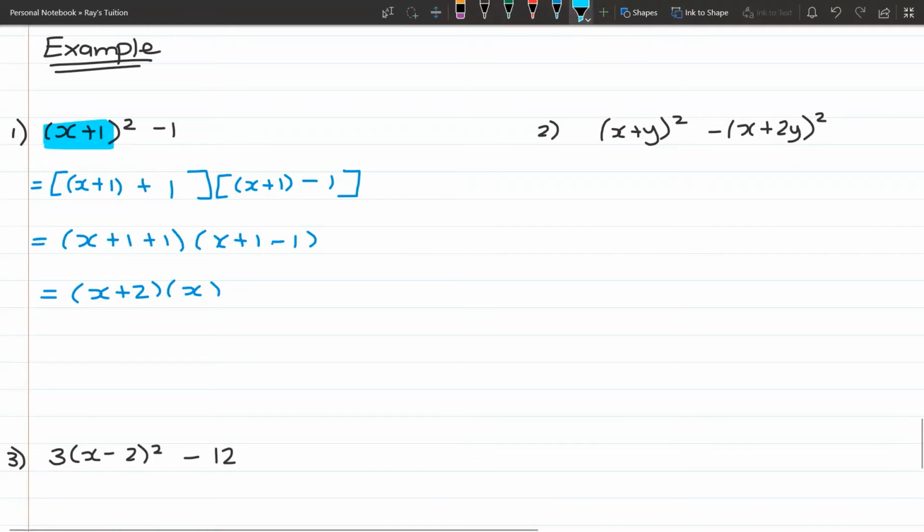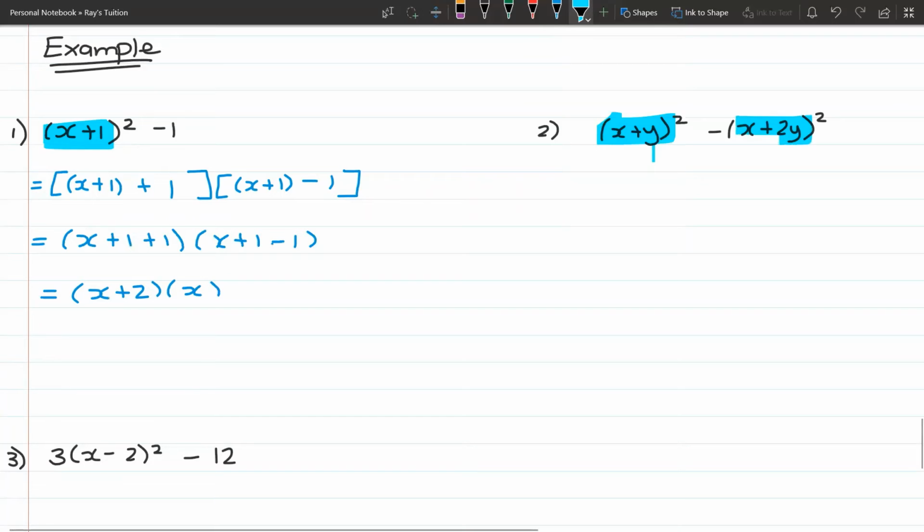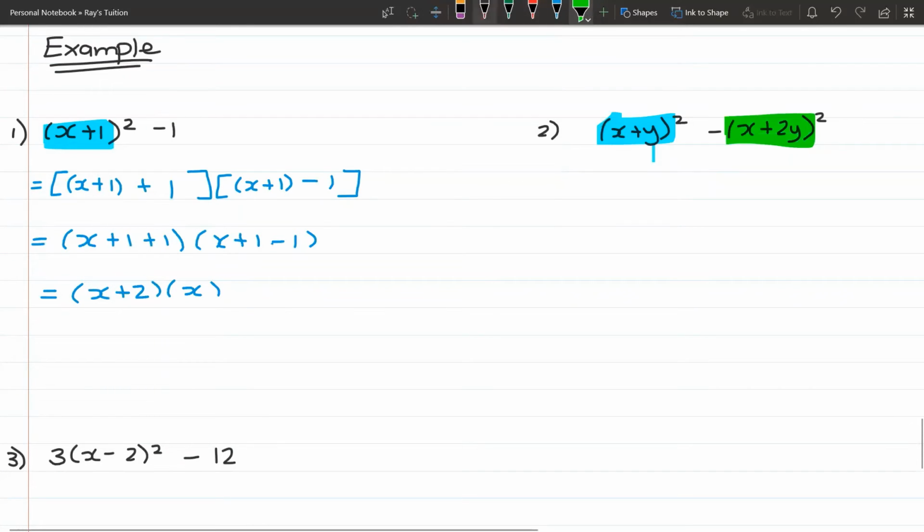Okay, in this case, we have (x + y)², so that whole term squared, and we have this other one, (x + 2y)², so that's the second term. So we have two of them, so again, we're going to have our square brackets. And then we're going to follow the same steps.